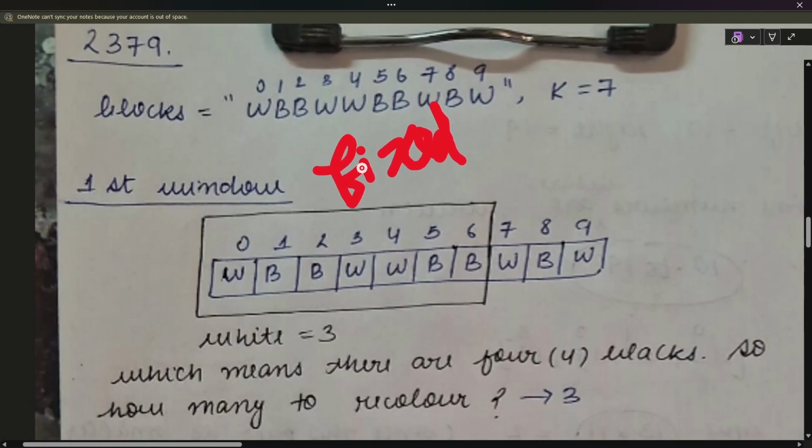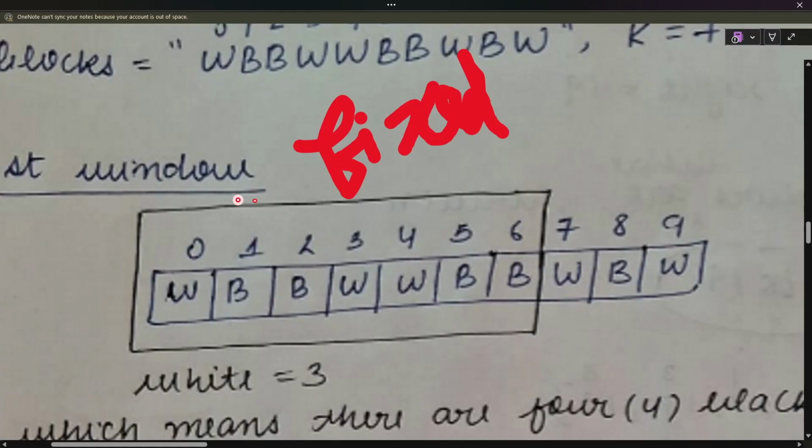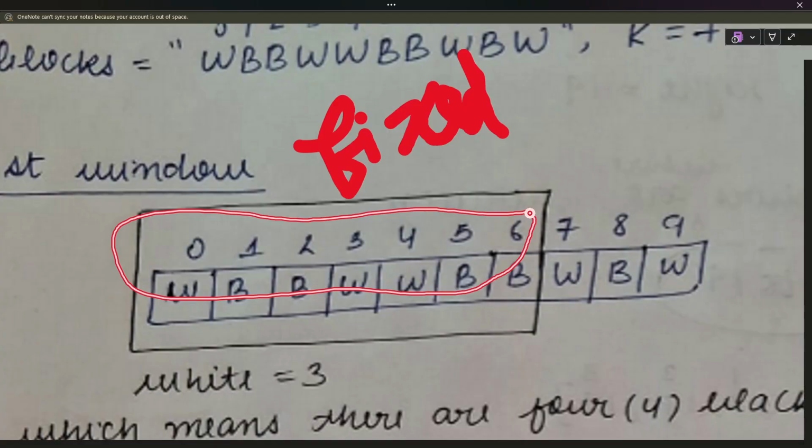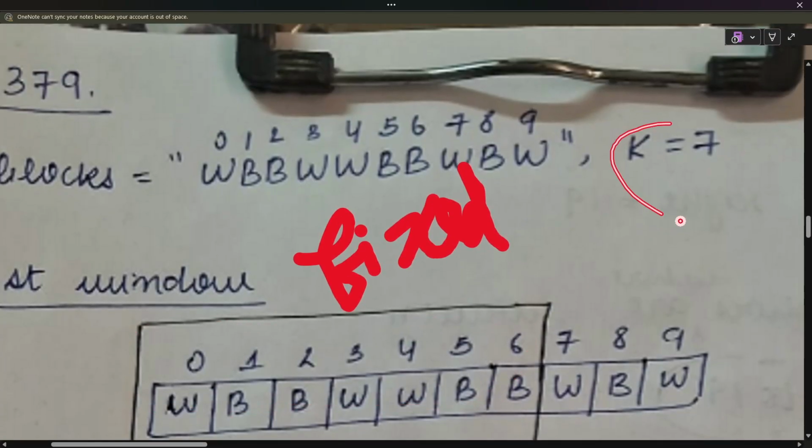In the first window, how many white blocks are there? One, two, three. As you can see, the size is 7: 6 minus 0 plus 1 is 7, which is equal to k.